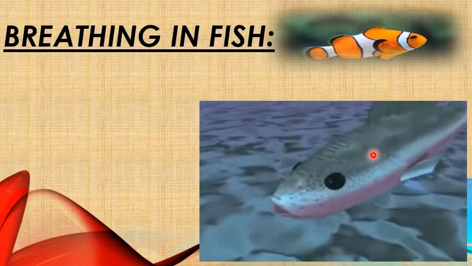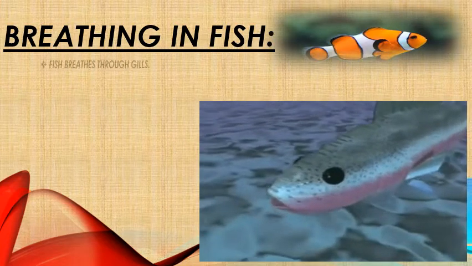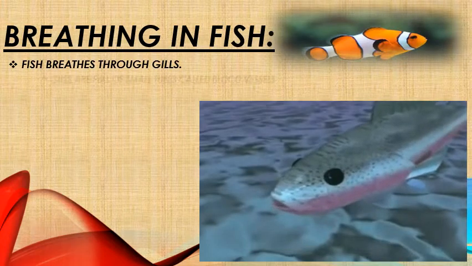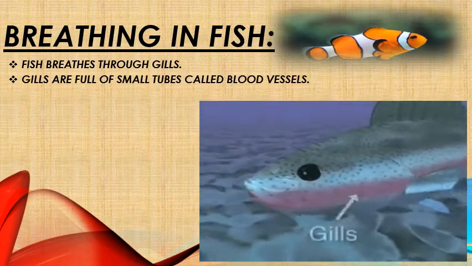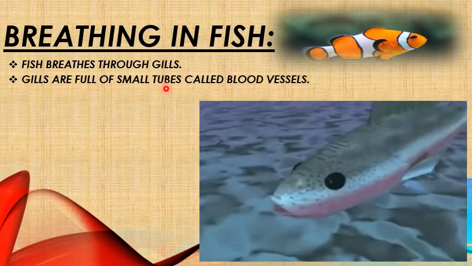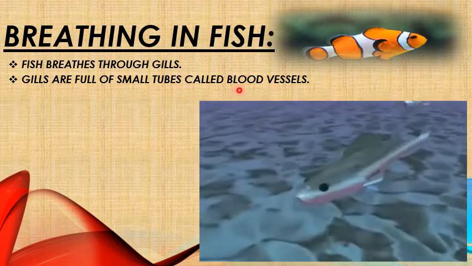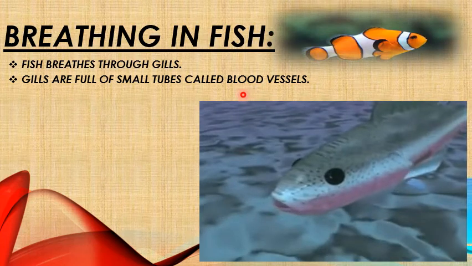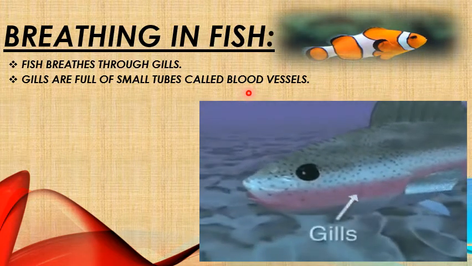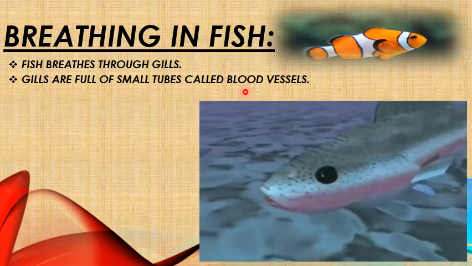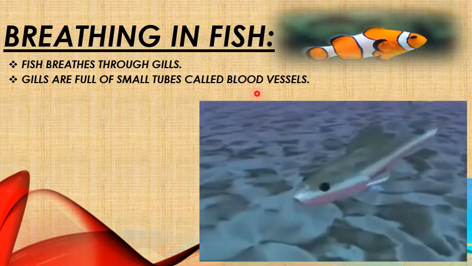Now, how is it happening? Fish breathe through gills, as I told you. Number two, gills are full of small tubes called blood vessels. As we have discussed blood vessels in lungs, likewise gills are also full of small tubes, and these small tubes are called blood vessels.